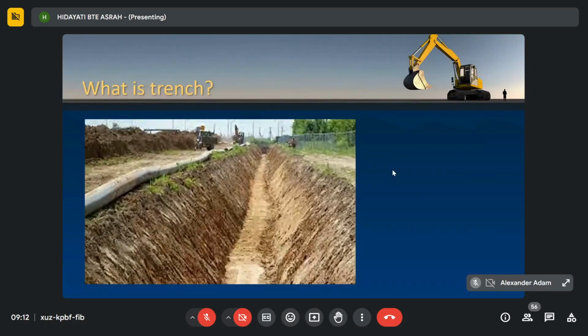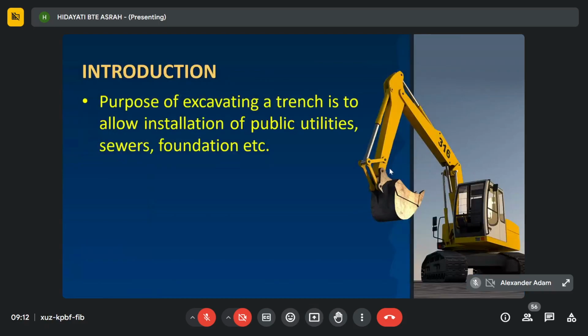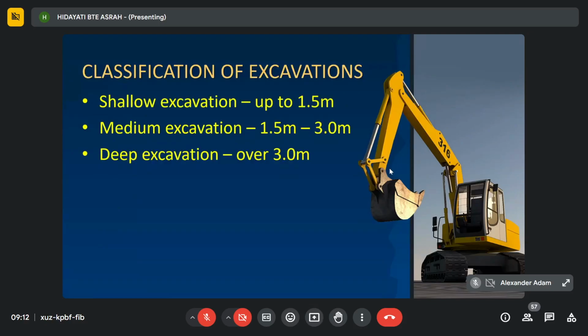The purpose of excavating a trench is to allow installation of public utilities, like sewer, foundation, drainage, and so on. This excavation can be done either by hand, manual excavation, or by machine.